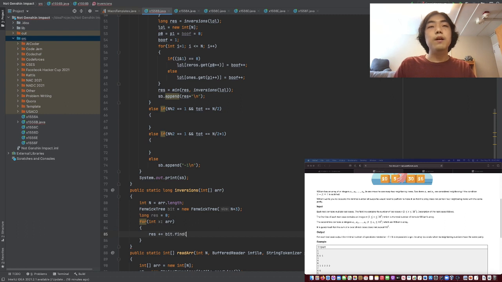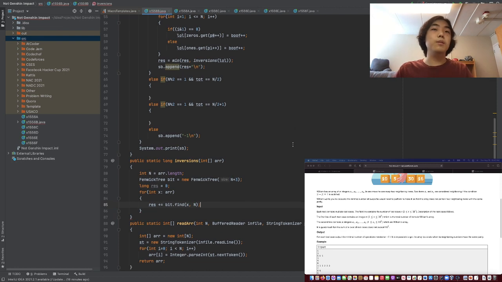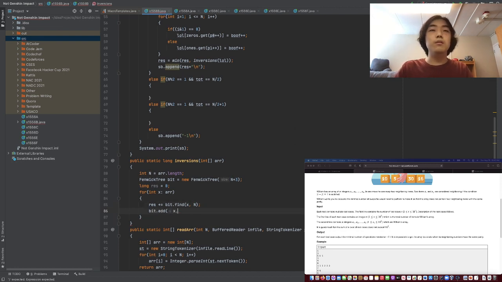Res bit.find from. I want to find all values that are higher than it. Okay, it says all values that are higher than it, so it's x to n, the maximum value should be n, and then bit.add x 1.